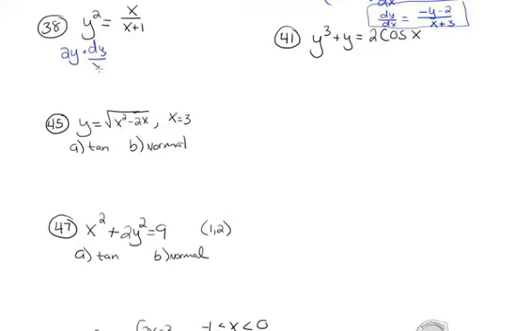So I get 2y dy/dx. And then I have to do a quotient rule on this side. So the derivative of x is 1 times x plus 1, minus the top times the derivative of the bottom, which is 1, over x plus 1, the quantity squared.